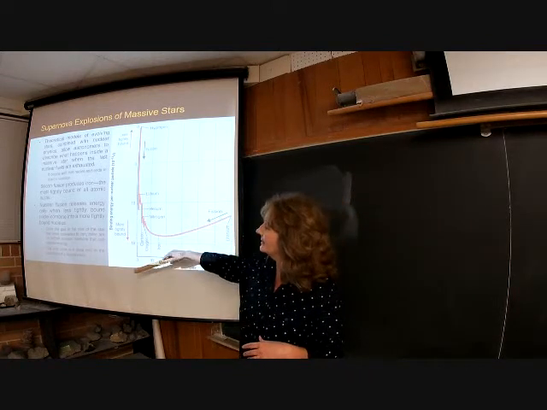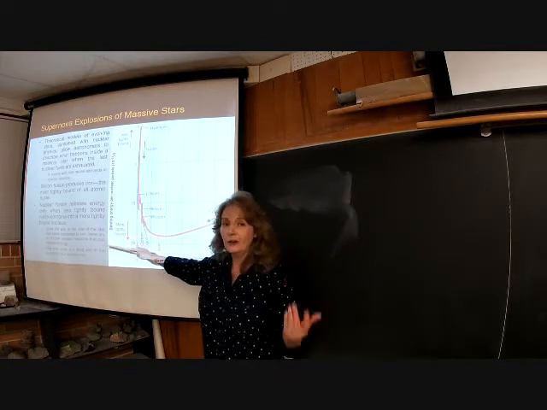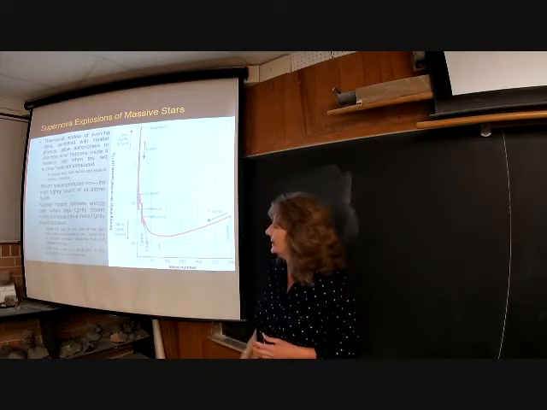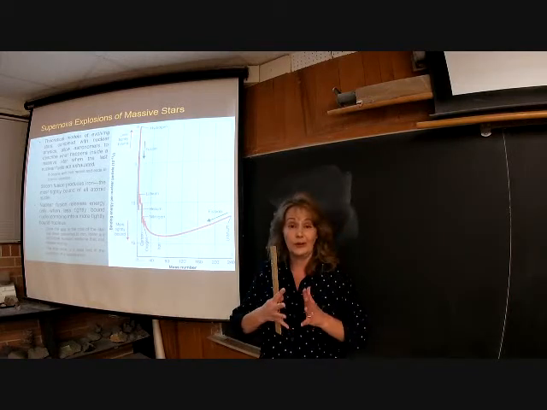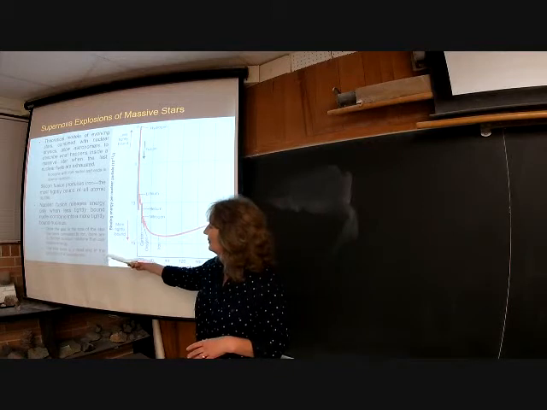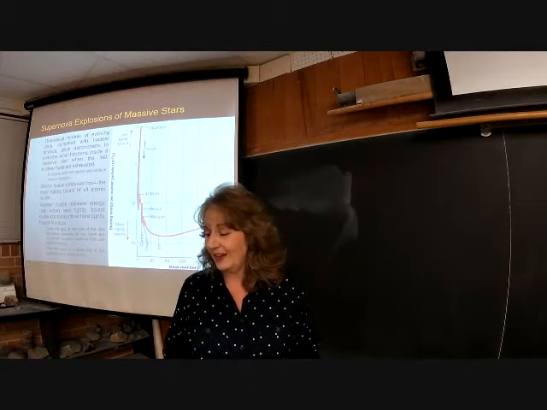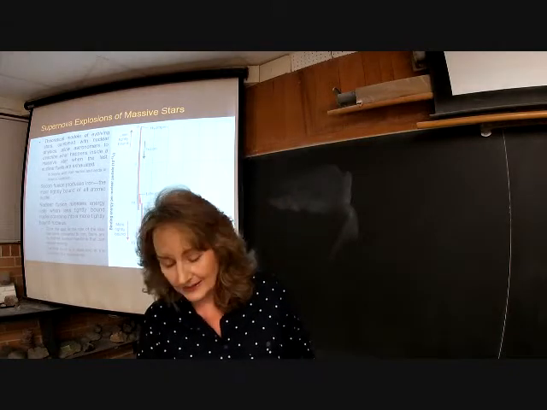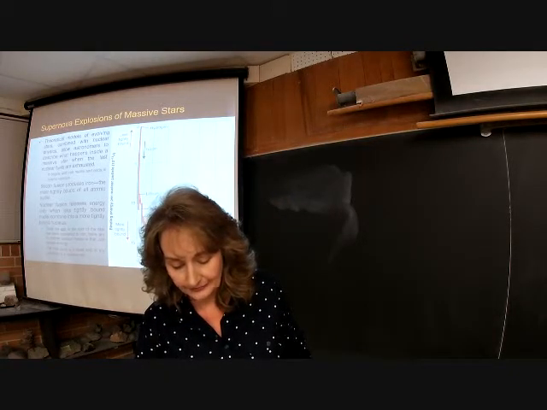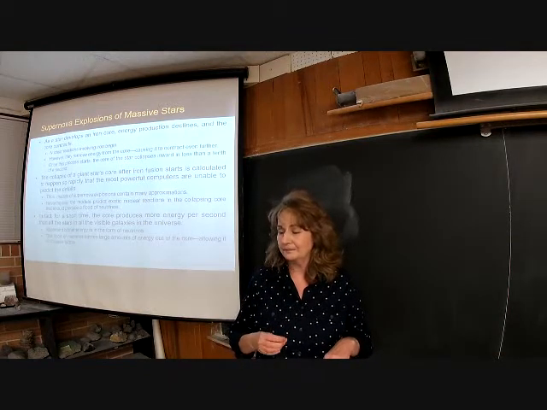So once it's converted to iron, there are no further reactions that can release energy, and you're not getting any outward pressure at the core. The core is dead. It's a dead end for the evolution of our very massive stars, and that's going to go pretty rapidly.